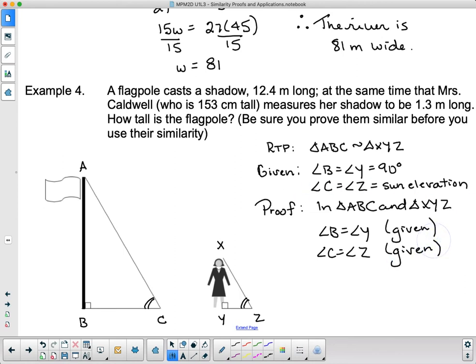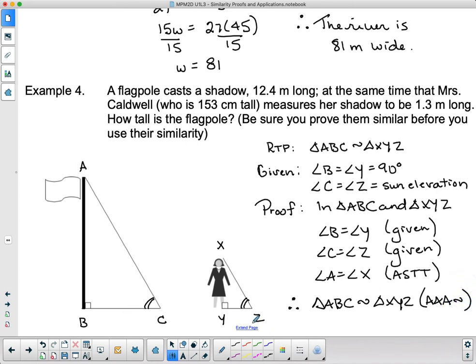We already dealt with that in the givens. And then the very last one, angle A, must also be equal to angle X because of the angle sum of a triangle theorem. So therefore, triangle ABC is similar to triangle XYZ because of angle, angle, angle similarity.